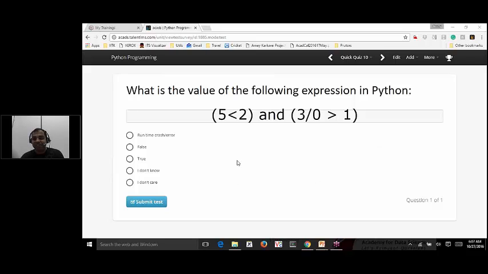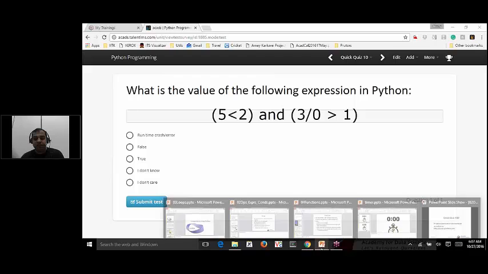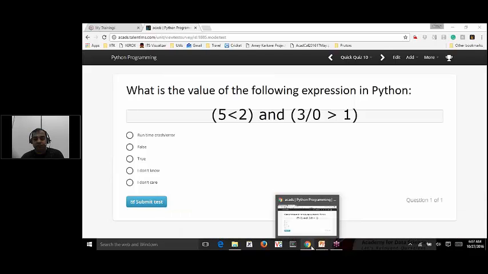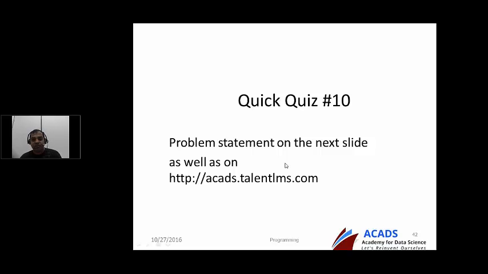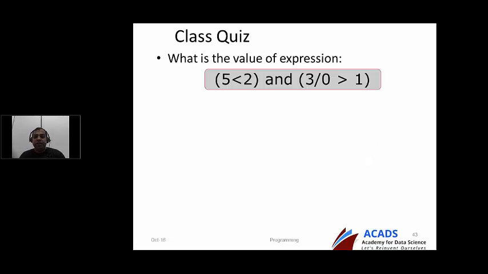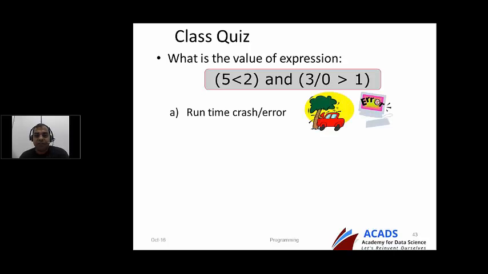Let me go back to the quiz, and I have it on my web slides also. The question is, what is the value of the expression 5 less than 2 and 3 divided by 0 greater than 1? In this case 5 less than 2 evaluates to false, but if you try to evaluate 3 divided by 0, this will lead to a runtime crash or error.